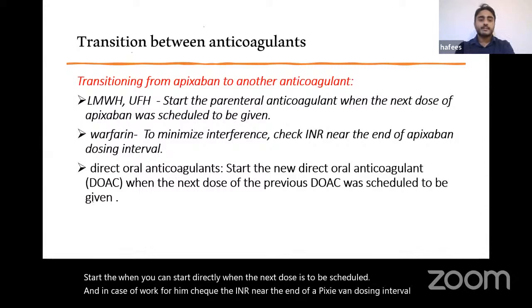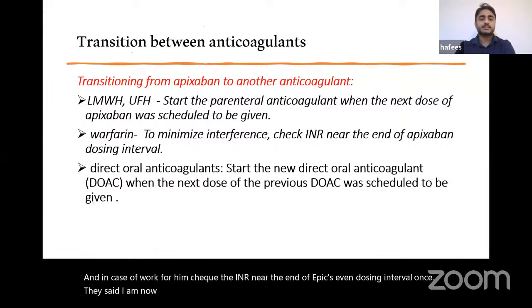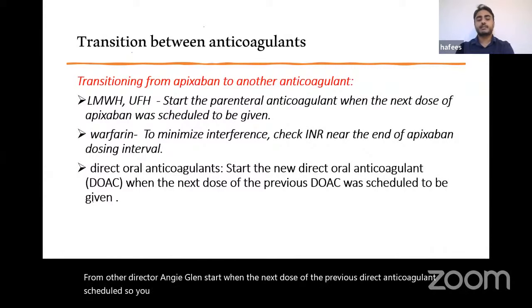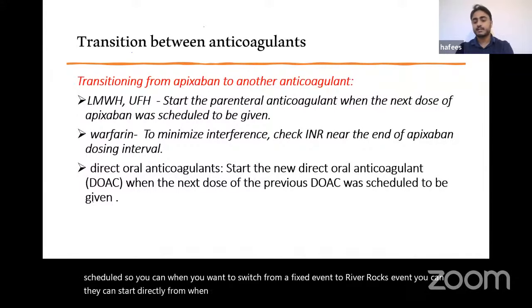Once the desired INR is reached, you can start. From other direct anticoagulants, start when the next dose of the previous direct anticoagulant is scheduled. So when you want to switch from apixaban to rivaroxaban, you can start directly when the next dose of apixaban or rivaroxaban is due to be taken.